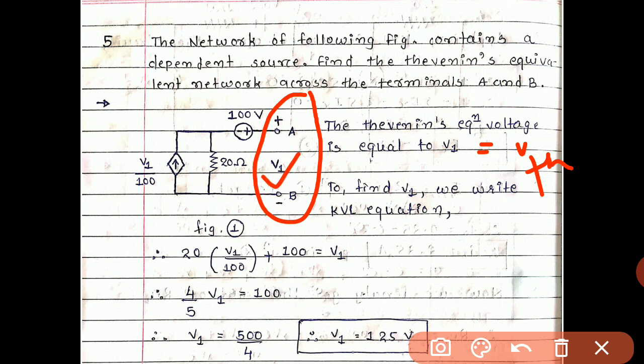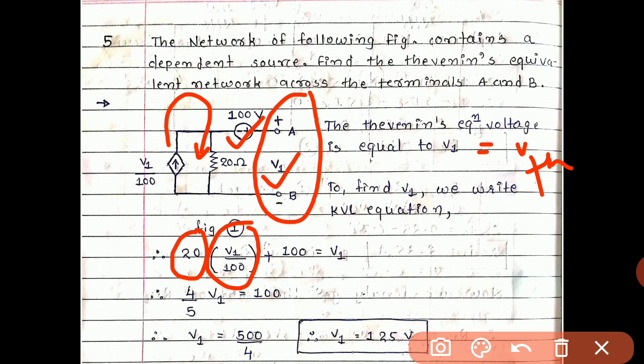So V1 equals 100 plus 20 multiplied by V1 divided by 100, where 20 is our resistance and V1 divided by 100 is the current flowing through this resistor.